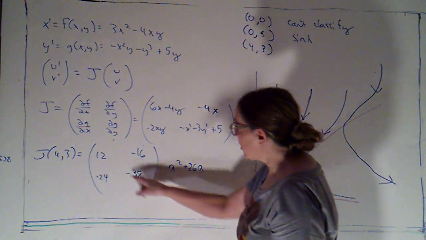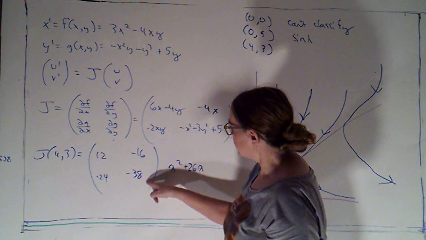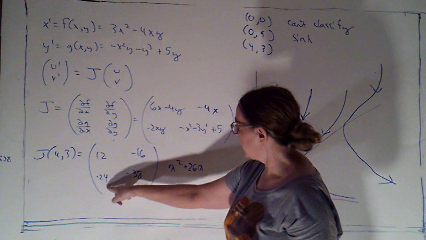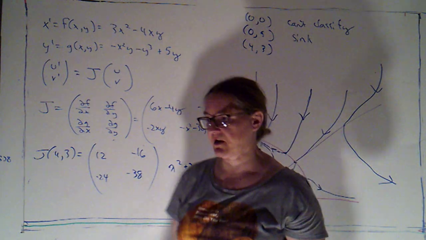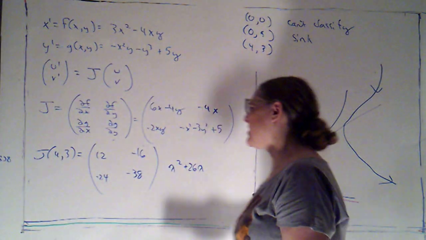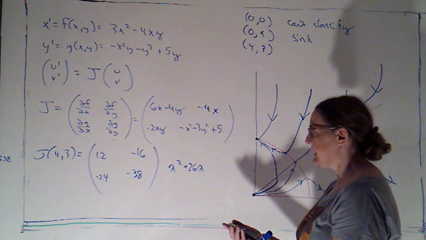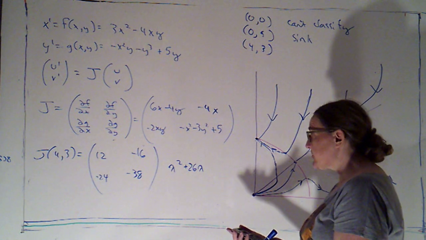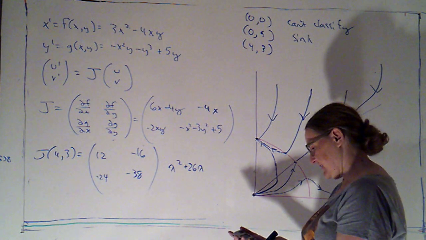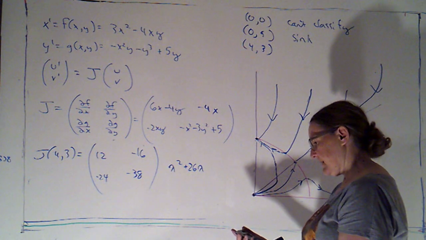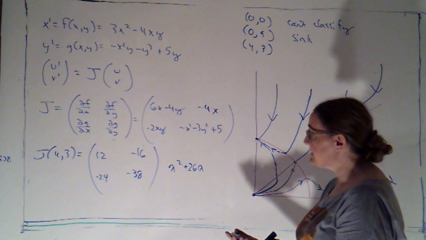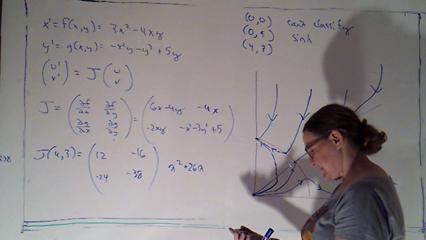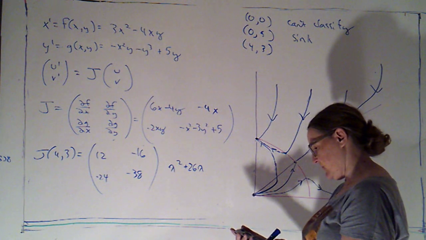Now, for the determinant, see, it's that minus that. It's going to be a big negative number. I'm going to actually pull out a calculator. Not that we couldn't do this, but it's just tedious. So, I'm going to have negative 12 times negative 38. So that gives me negative 456. And then minus 16 times 24.